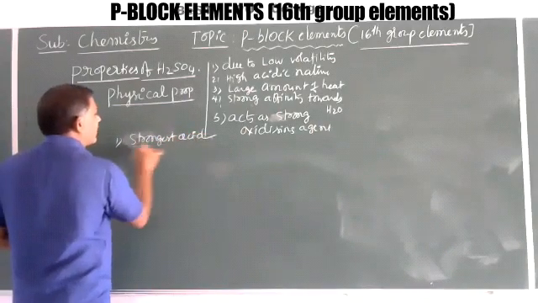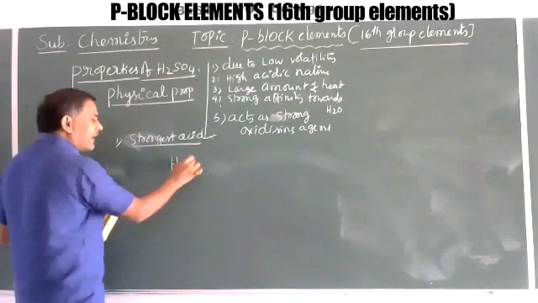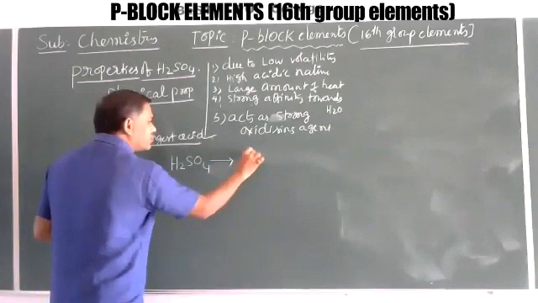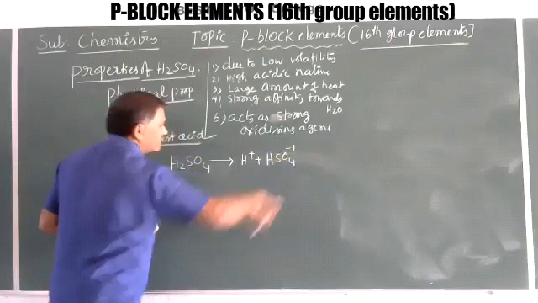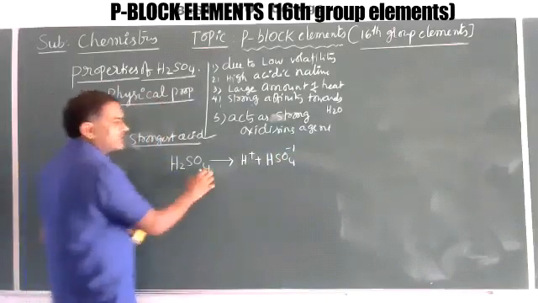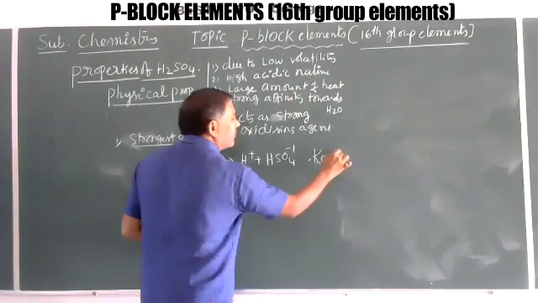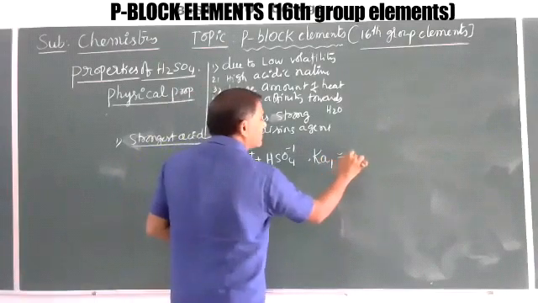It ionizes: H2SO4 ionizes into H plus and HSO4 minus. This is its dissociation constant Ka1, which is always greater than or approximately equal to 10.